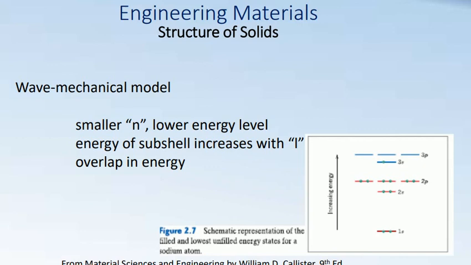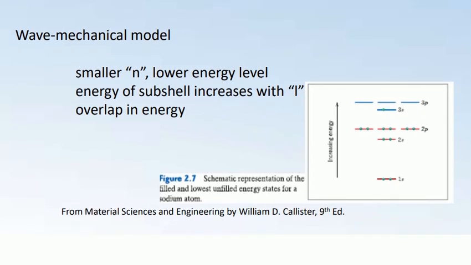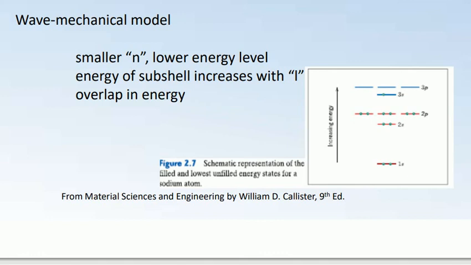By the way, these subshells appear when we apply magnetic or electric fields externally to the atom. These shells split into subshells at sub-energy levels. Here figure 2.7 shows us filled and unfilled or partly filled energy states for sodium atom, starting from the first orbit to second and to third.